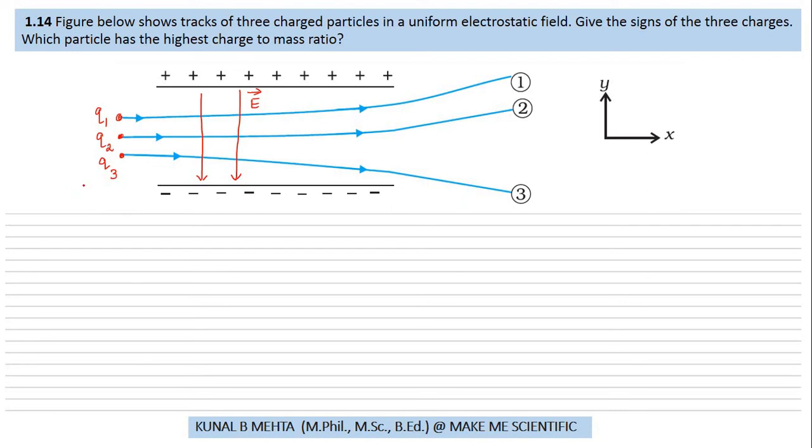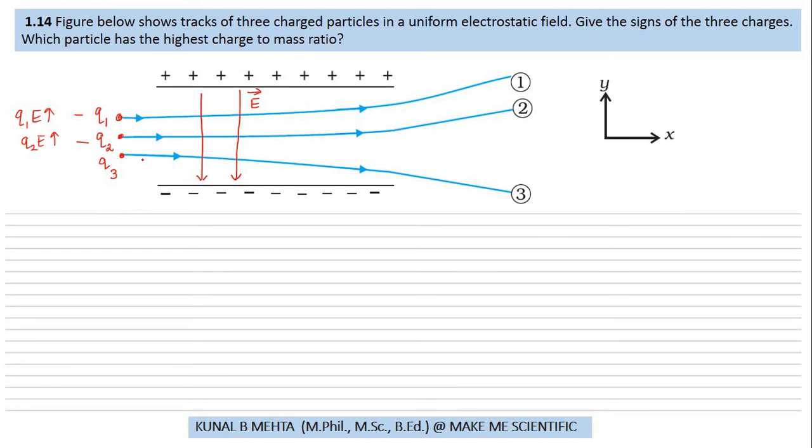Now first thing is we are supposed to identify the signs of the charge. Now it is very easy since opposite charges attract each other. So Q1 and Q2, since they are going up towards positive, which means Q1 and Q2 are negative. Right guys? And Q1 and Q2 would be experiencing a force of Q1 times E, Q2 times E, in the upward direction.